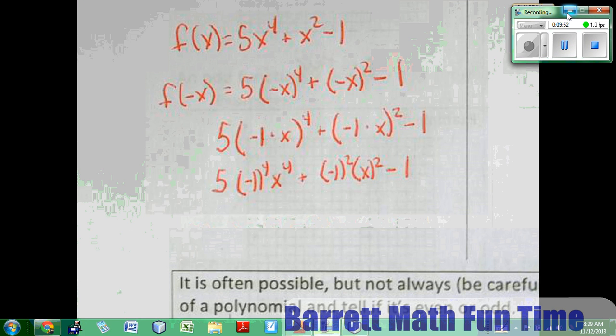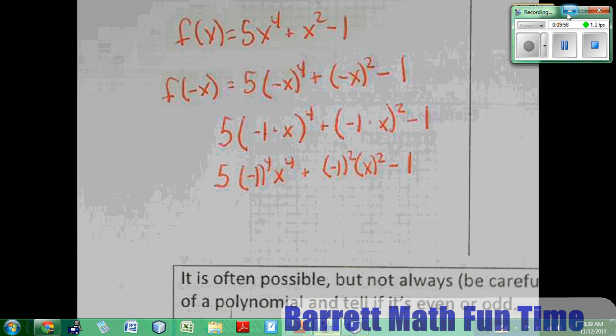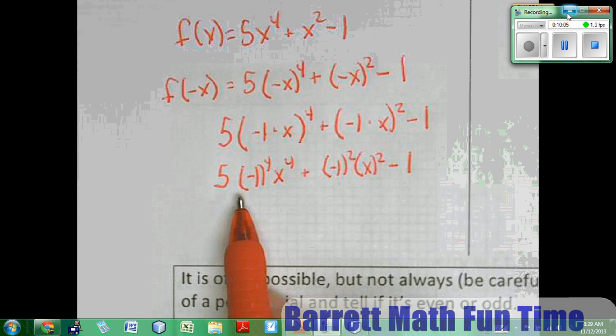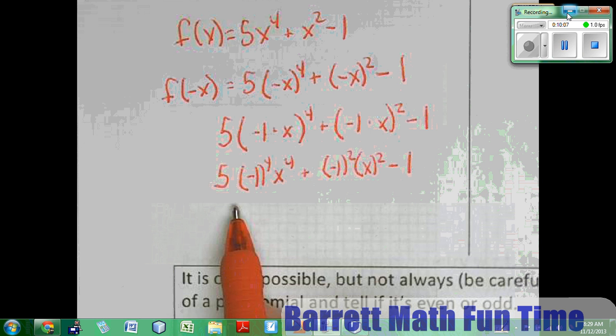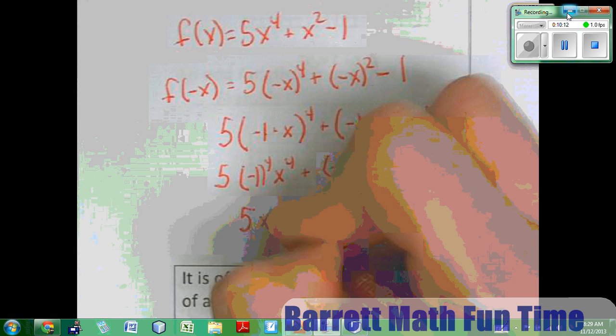What is negative 1 times negative 1? 1. When I multiply negative 1 by itself 4 times, I just get a 1, right? And 1 times 5 is 5. So this becomes 5x to the 4th.